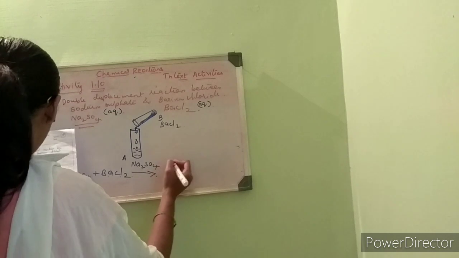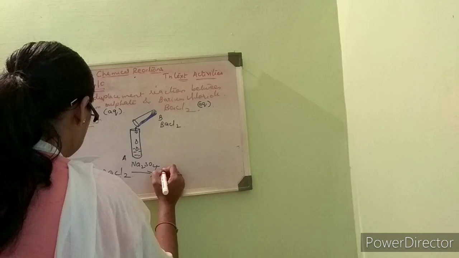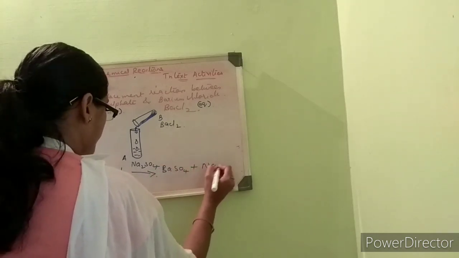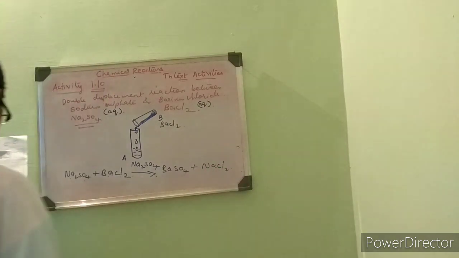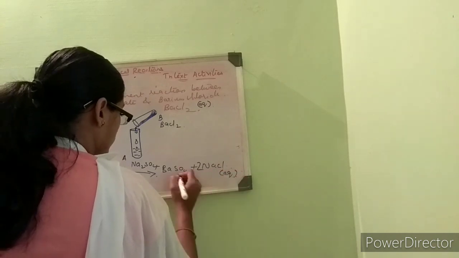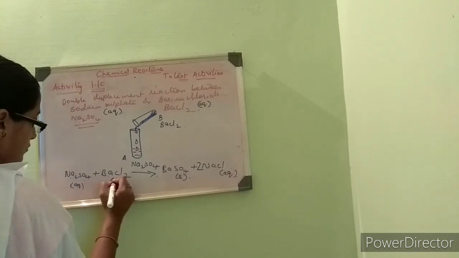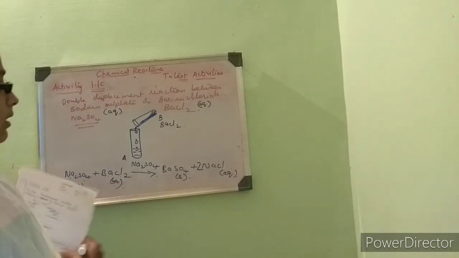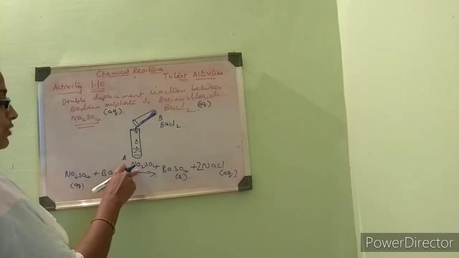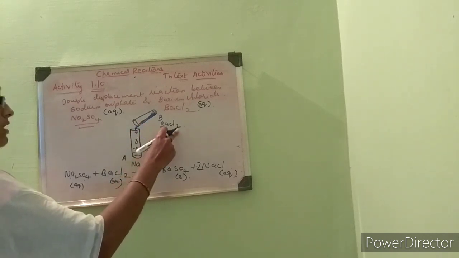To the sodium sulfate solution, which is aqueous in nature, we are adding BaCl2, that is barium chloride.